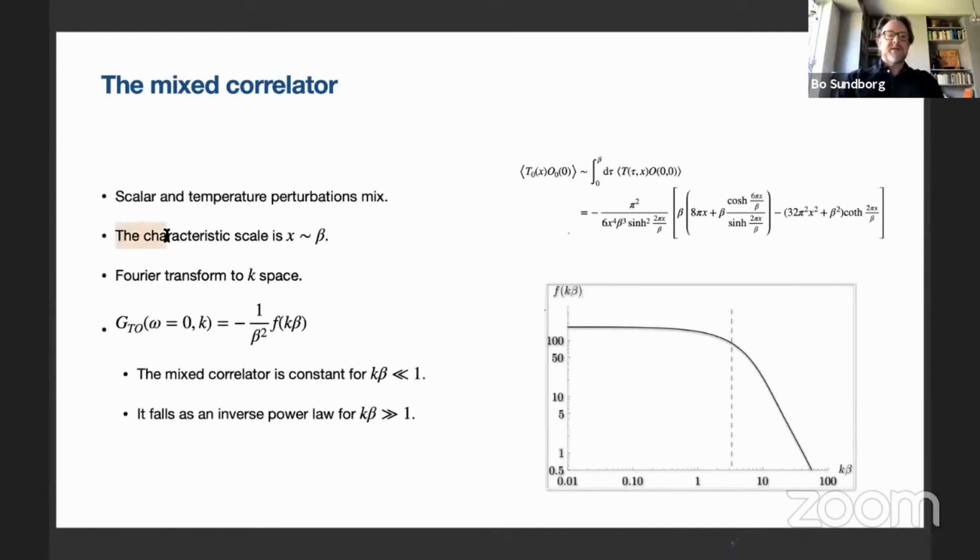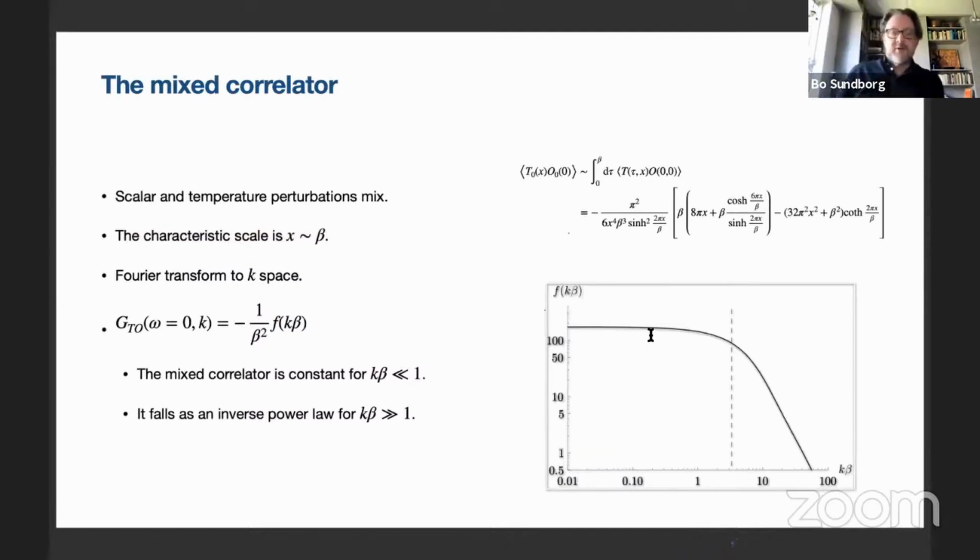As I emphasized repeatedly, the characteristic scale is again beta. To illustrate it, it's convenient to Fourier transform to momentum space, and the Green's function, the correlator at the static one, is encoded in a function f. That function f is given in this graph in a log plot.